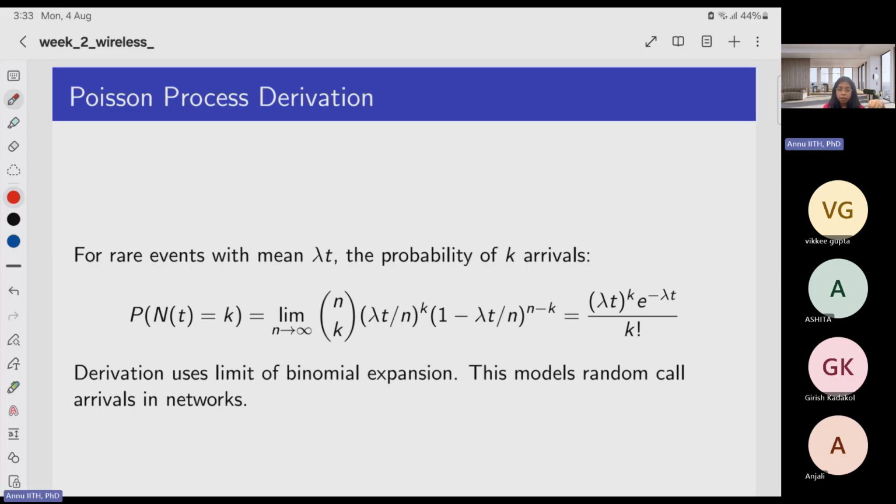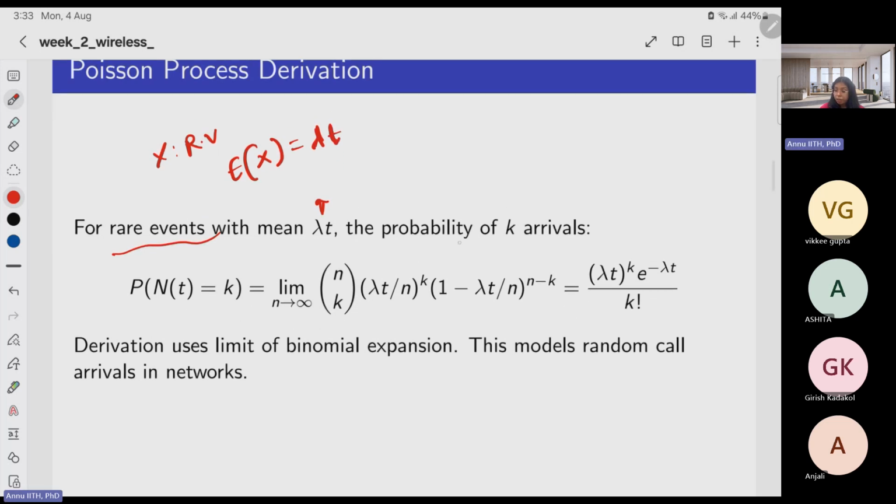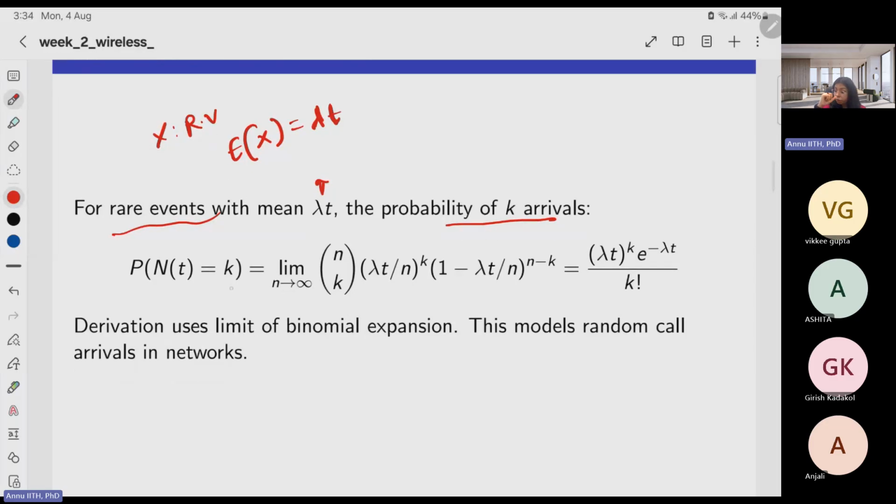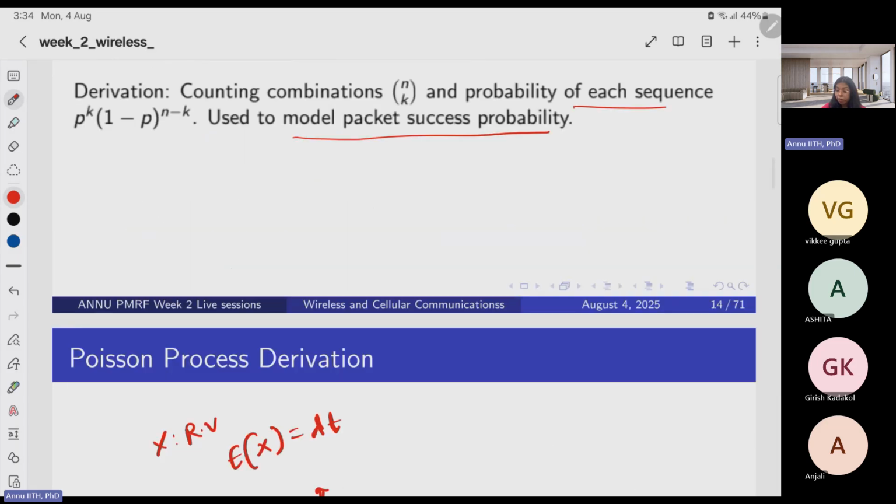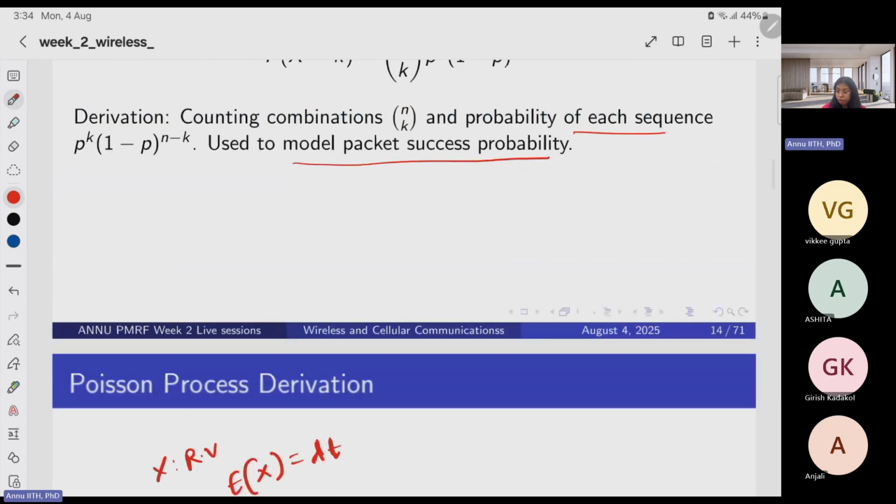That is rare. And getting dengue is a random variable, and the mean, the expectation, is lambda t over a period of time. The probability of k arrivals, like how many people are getting it, is the limit as n tends to infinity.